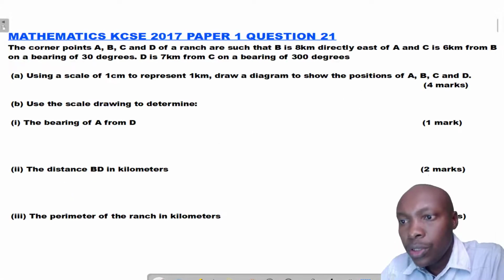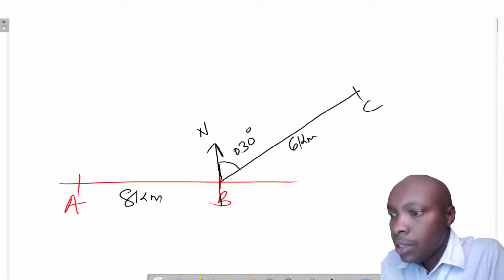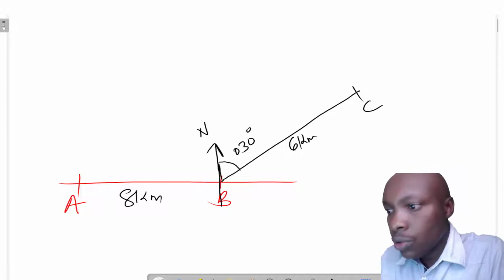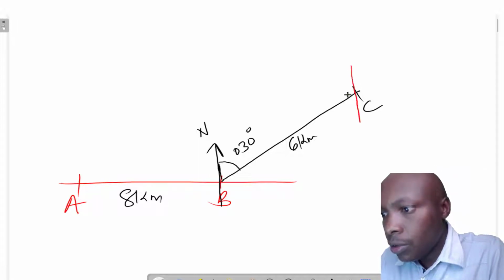Then the other information is: D is 7 kilometers from C on a bearing of 300 degrees. So from C, this is where you draw your compass point.